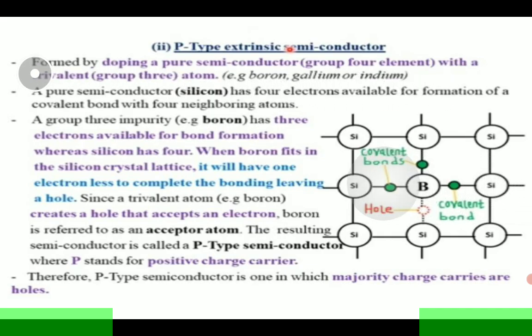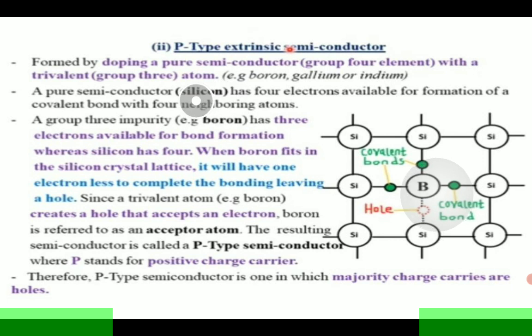So in order to make a P-type extrinsic semiconductor, all you have to do is add small impurities of group 3 elements, any one of them, not all of them together, depending on your desire.